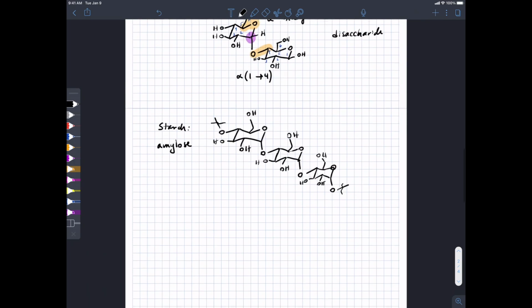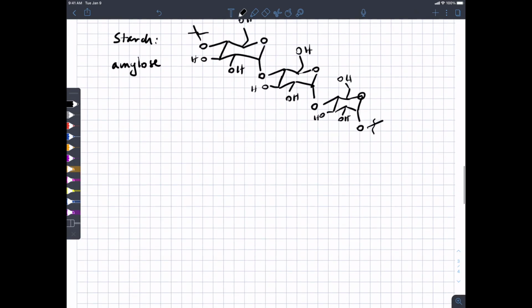Okay, in contrast, if you take the same sugar and link it together with the oxygen on the other sugar up, you would end up with this kind of extended shape.